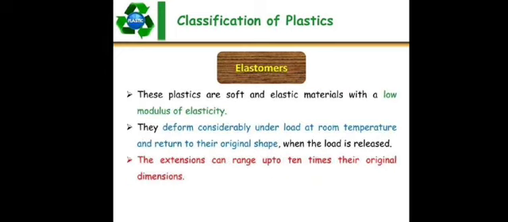The next one is elastomers. These plastics are soft and elastic materials with a low modulus of elasticity. They deform considerably under a load at room temperature and return to their original shape when the load is released.